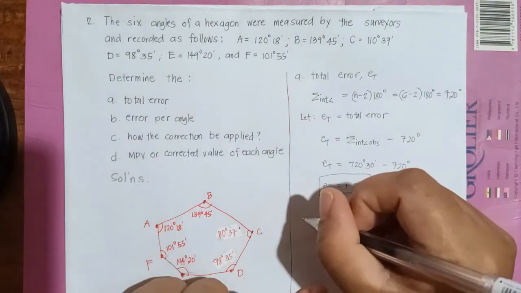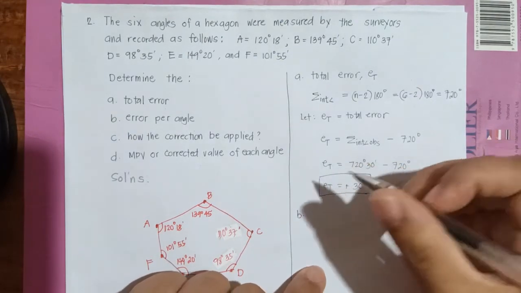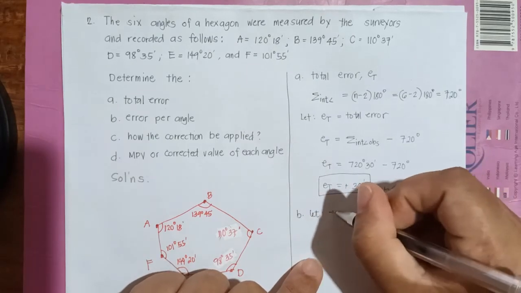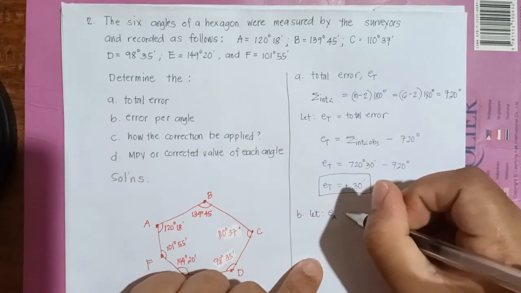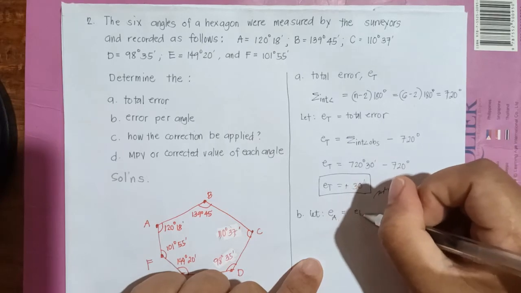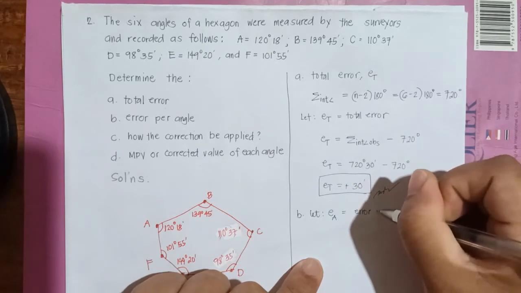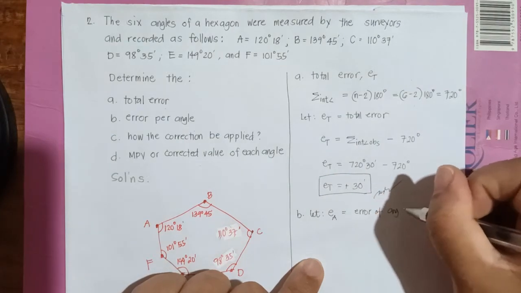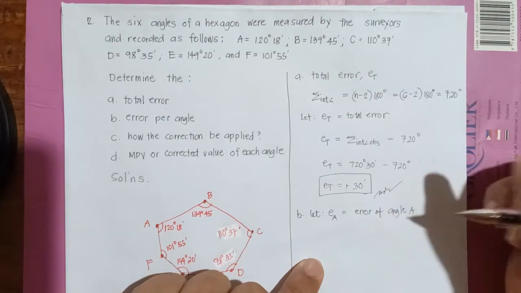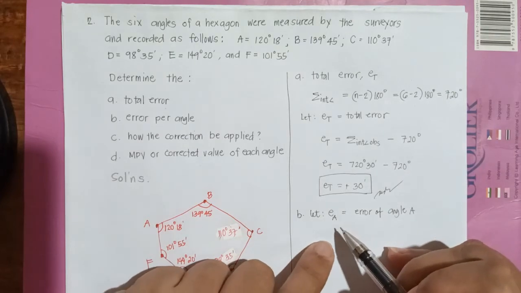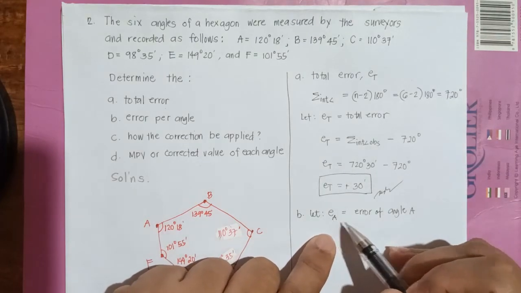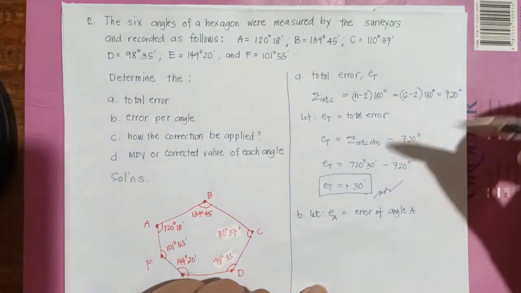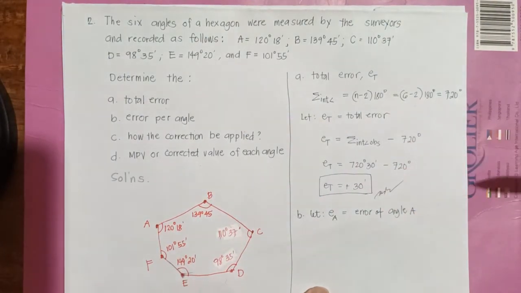The next question is, what is the error per angle? So let E sub A be the error of angle A, and E sub B be the error of angle B, etc. I will no longer write those variables here.